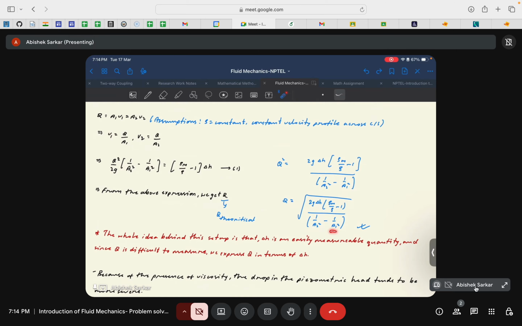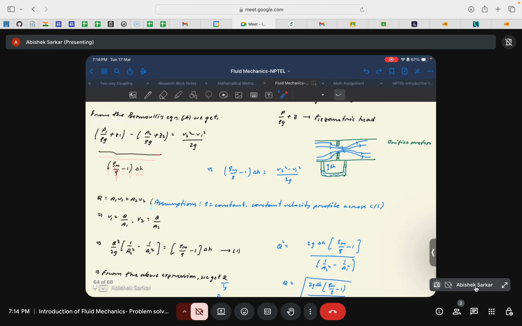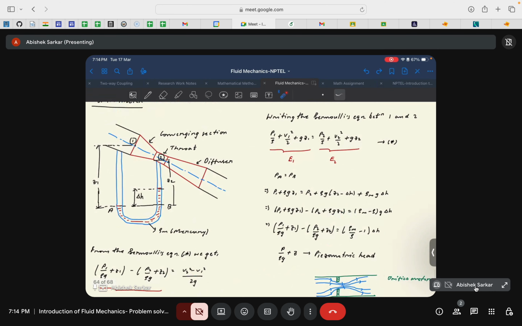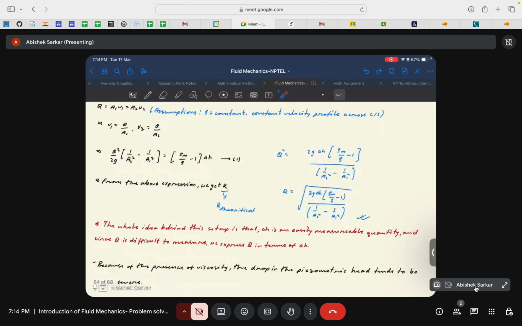A2 square and A1 square can be found from the manufacturer's details, which give the area of the pipe at cross section 1 and the area of the throat. So using all these terms you can easily find the volume flow rate.